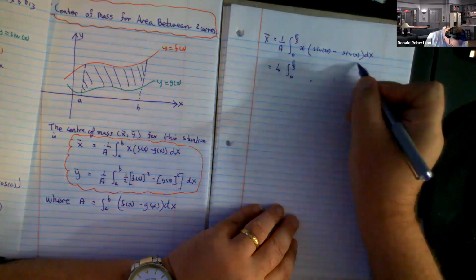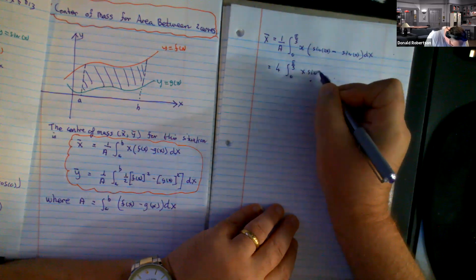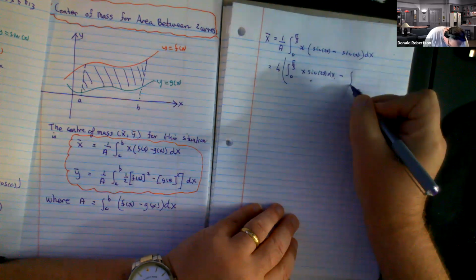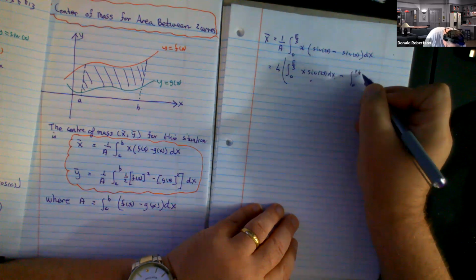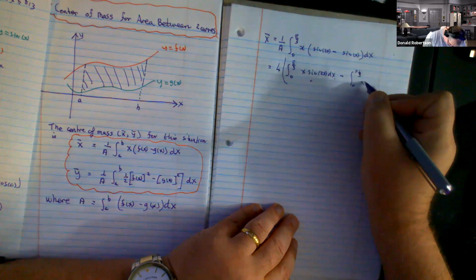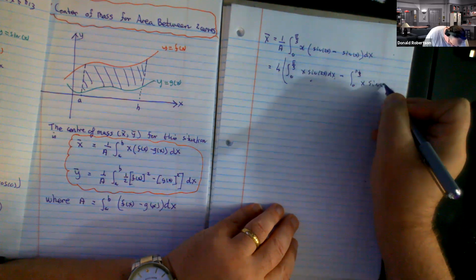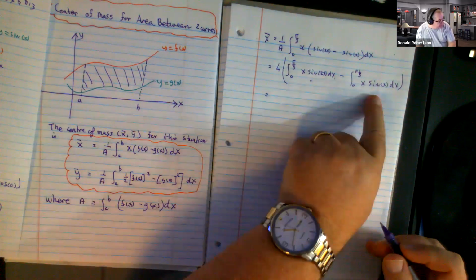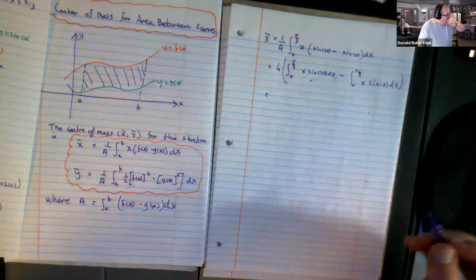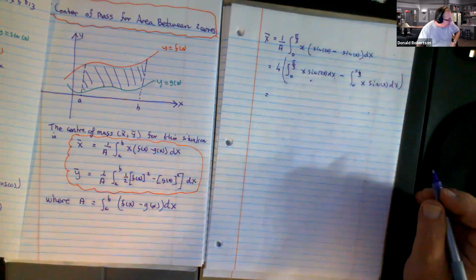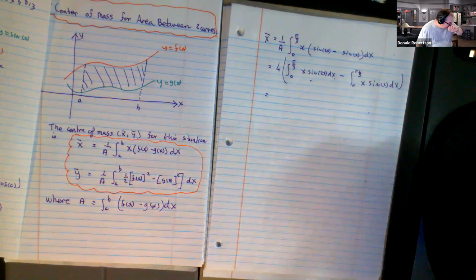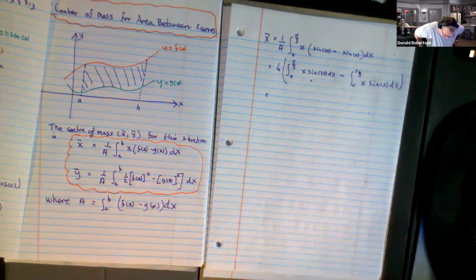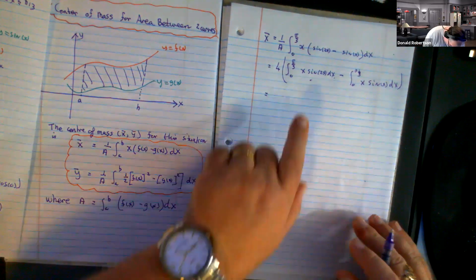And I'm going to split this up as an x sine 2x dx, take away an integral from 0 to pi upon 3 of x times sine of x. Both of those guys, you're going to have to calculate using integration by parts.